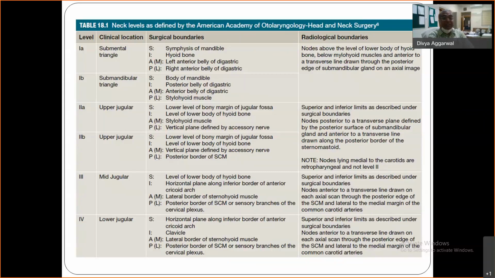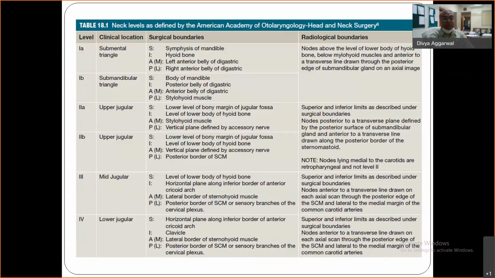For 2B, the accessory nerve is the dividing line between 2A and 2B. The upper jugular is bounded superiorly by the lower level of the bony margin of the jugular fossa, inferiorly by the lower body of the hyoid bone, anteriorly by the vertical plane defined by the accessory nerve, and posteriorly by the SCM, the sternocleidomastoid.